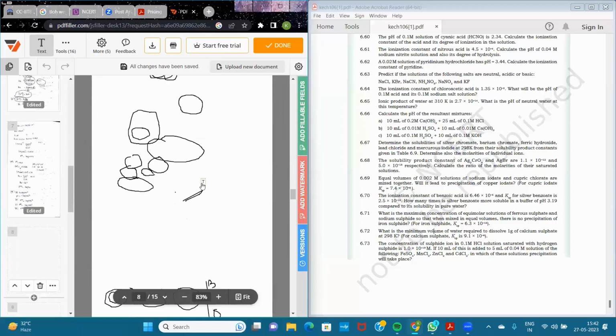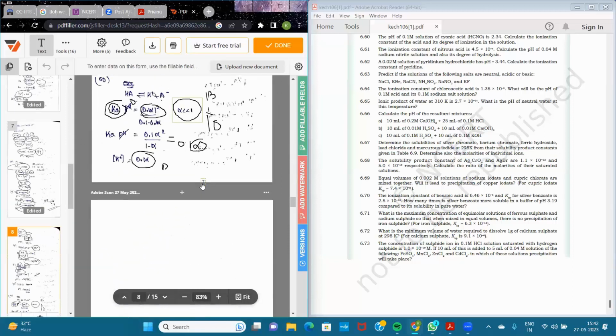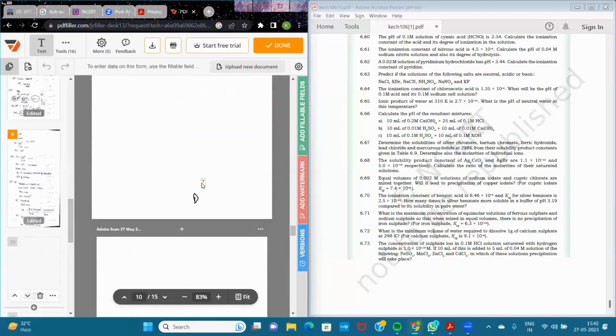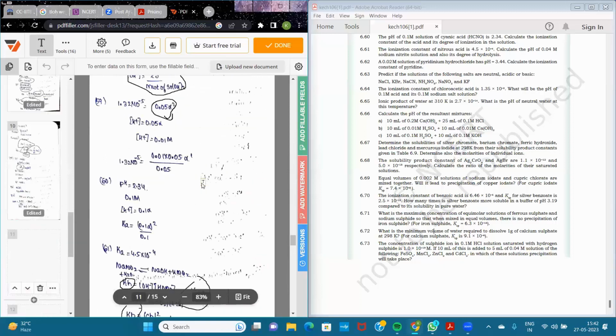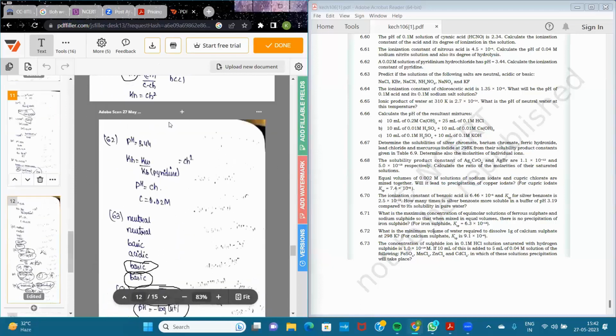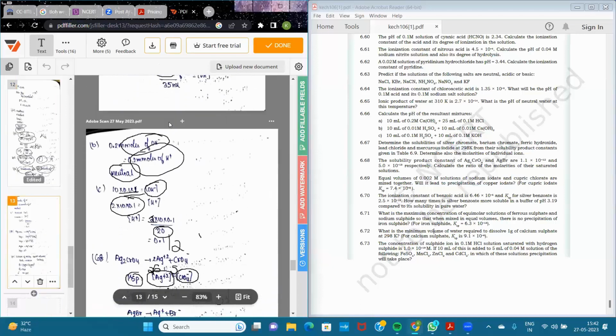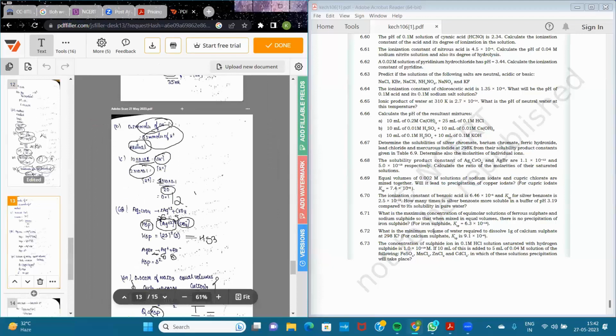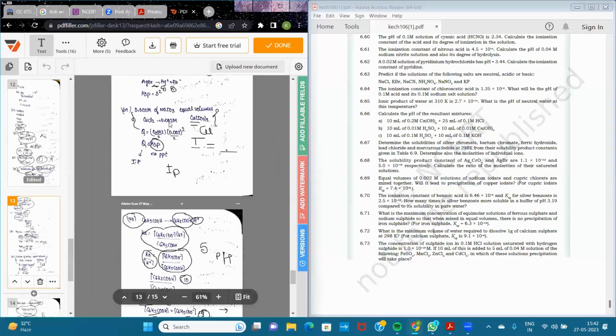So you can directly write KH as C h square, as well as KH equals KW by KB. Depending on the nature of the salt, you can write it as KW by KB or KW by Ka. From that, we can find the concentration of H plus easily, as well as the hydrolysis constant value and the degree of hydrolysis as well.